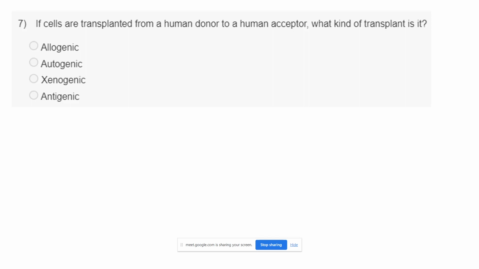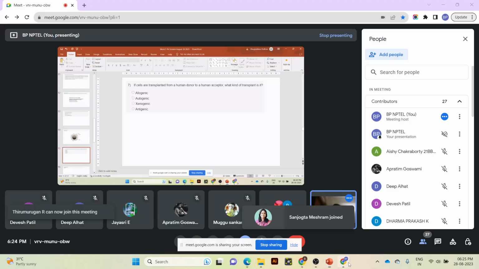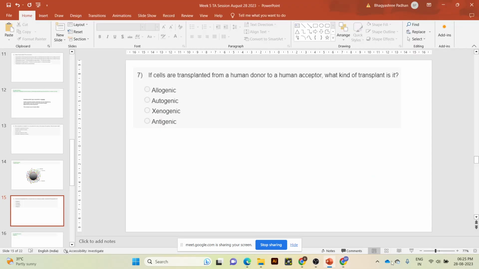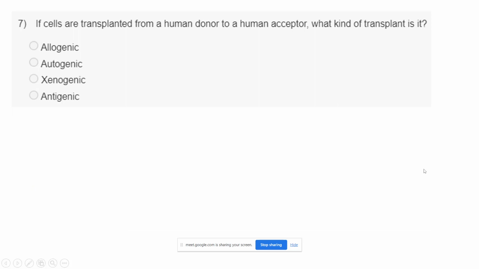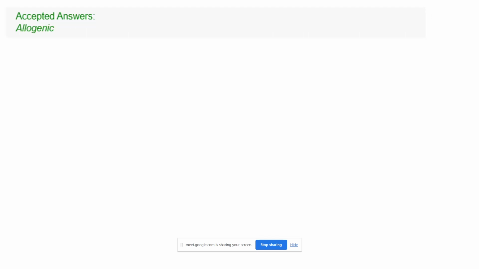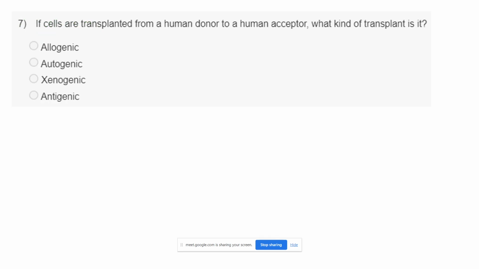Yes, it is allogenic. Allogeny is when transplantation is done within the same species.